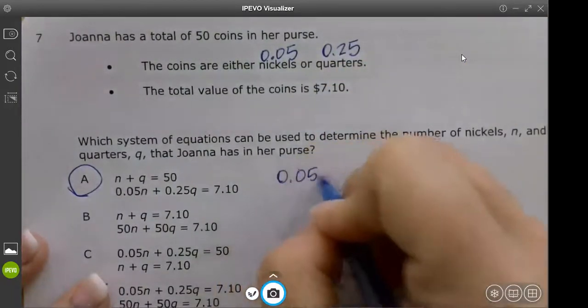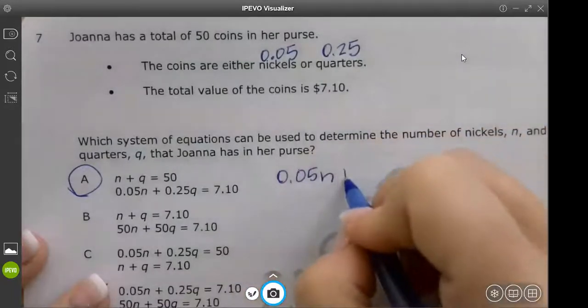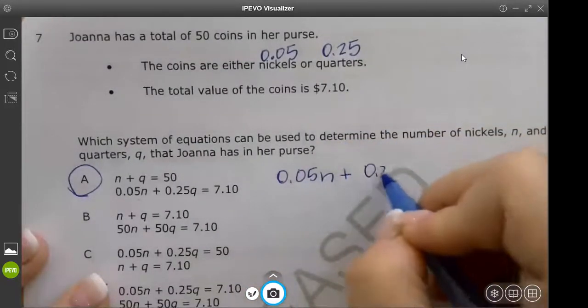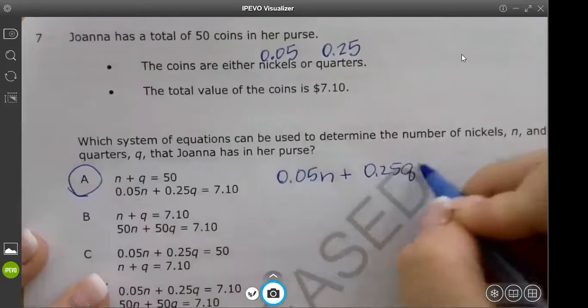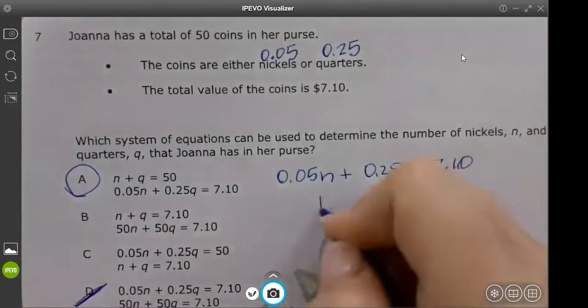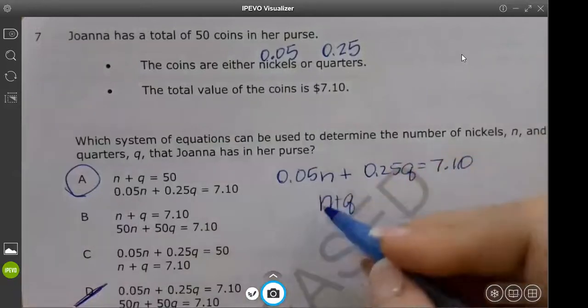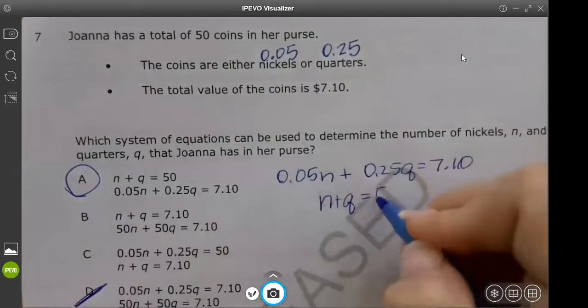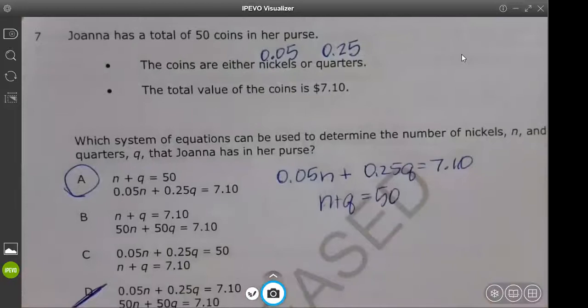So if I take the number of nickels and the number of quarters that I have and I multiply by the value, I should get $7.10. Again, the N plus Q comes from, I have nickels and quarters that total 50 coins. It doesn't matter about the value of the coins. You just have 50 coins in your hand.